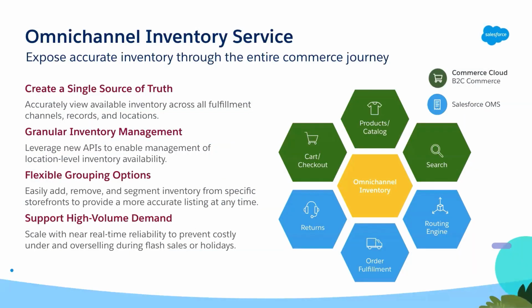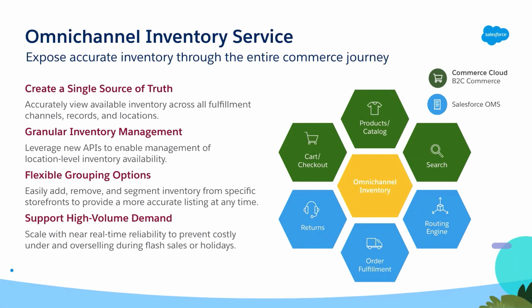So this is Salesforce's inventory service. It combines the power of headless APIs and the flexibility of the Salesforce platform to unlock a single source of truth for location-level inventory availability across your digital selling channels and your distribution network.